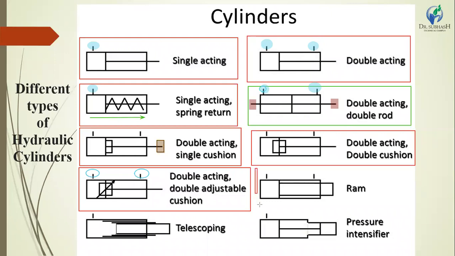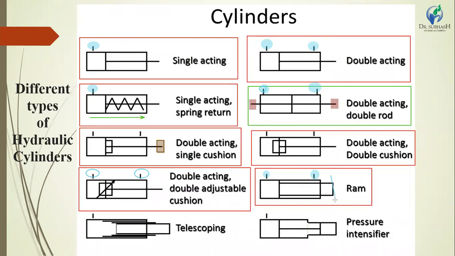The next is a ram. It is one type of hydraulic jack. If you give an inlet on one side and an outlet on the other, it also works and looks like a double acting cylinder. But in a double acting cylinder we attach a rod, and here we attach a ram instead of a rod.